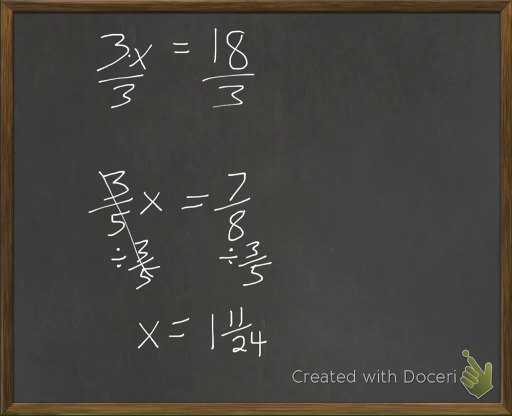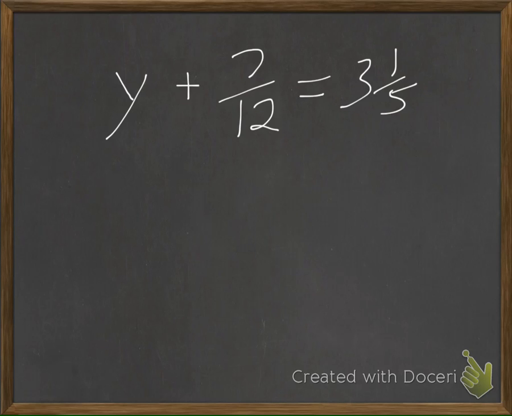Now, some of the same people that I saw doing the multiplicative inverse were doing multiplicative inverses regardless of whether it was a multiplication problem or a subtraction problem or addition problem. Solving equations with fractions is just like solving equations without. If you have y plus 7/12 equals 3 1/5, you are not going to multiply by 12/7 to solve it.